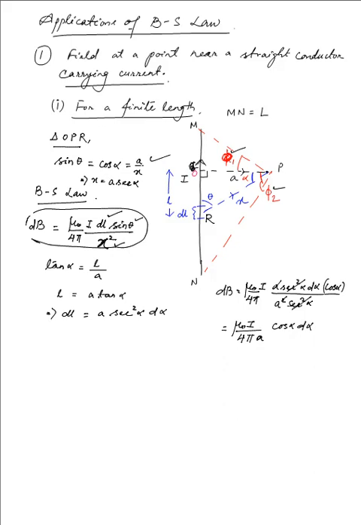Now this is pretty easy to integrate. So dB is that value, so B is simply the integration of dB, and the integration is being taken from the lower alpha to the higher alpha, or the lower region n to the higher region m.